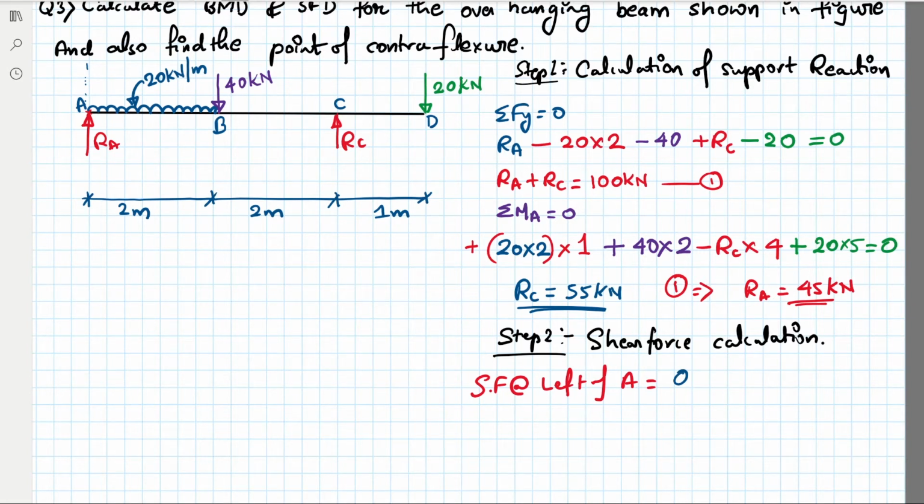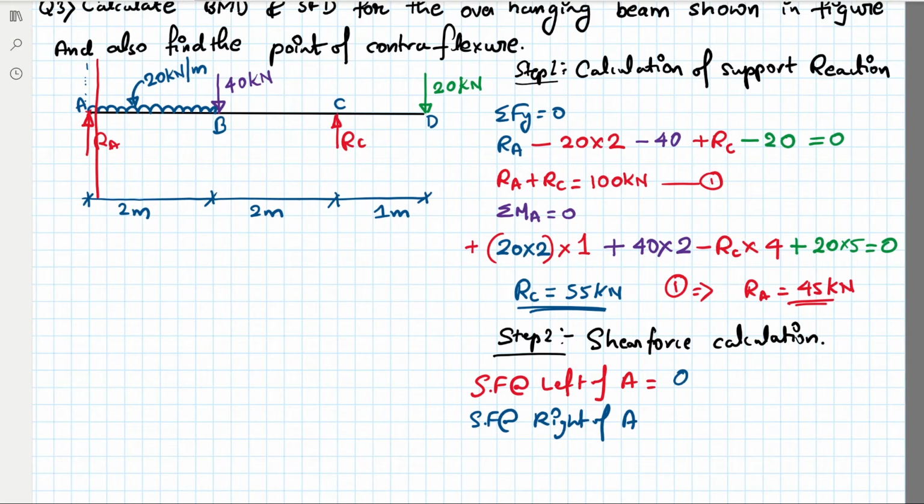Then next I am going to consider shear force at right of A. If I consider one section just to the right of A, I can consider either the right of that particular section or the left of it. It will be convenient to take the left of that particular section.